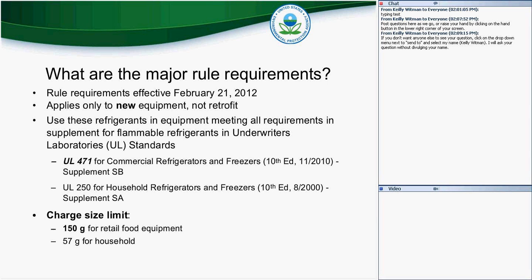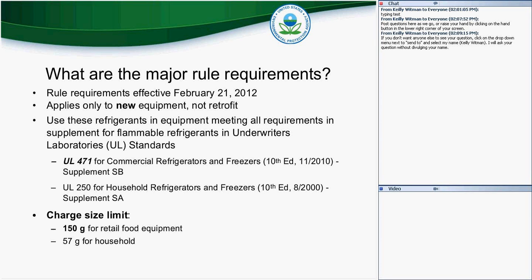And it's not a particularly large unit, but we've seen some examples of units that are pretty much a standard reach-in cooler or a standard ice cream freezer that can be operated. In fact, some of the equipment we've seen can work with less than 100 grams of propane.